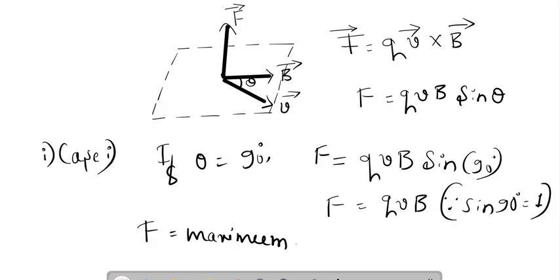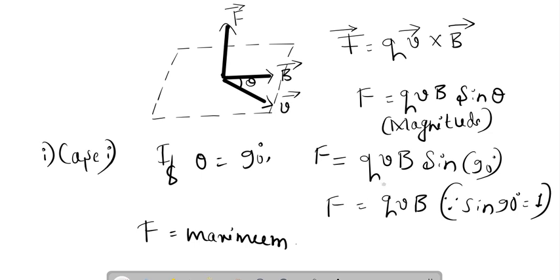In the magnetic field, the magnetic force acting on a moving charge is F bar equal to Q V bar cross B bar. If you consider it in magnitude, it will become QVB sine theta.